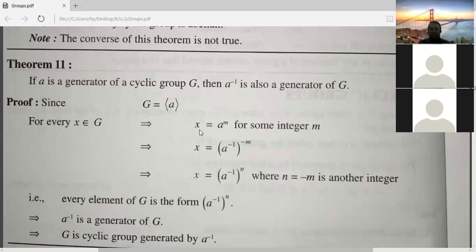Now you see the x is expressed as a power of a, and the same is also expressed as a power of a inverse. That means if an element is expressed as a power of a, the same is also expressed as a power of a inverse.